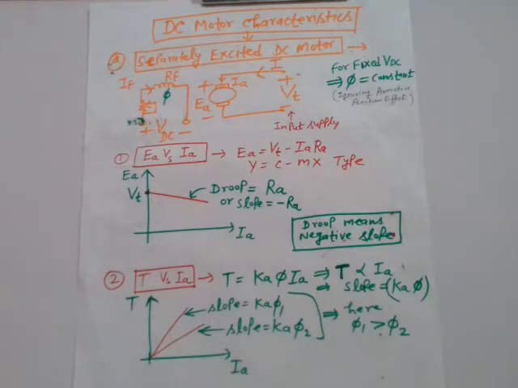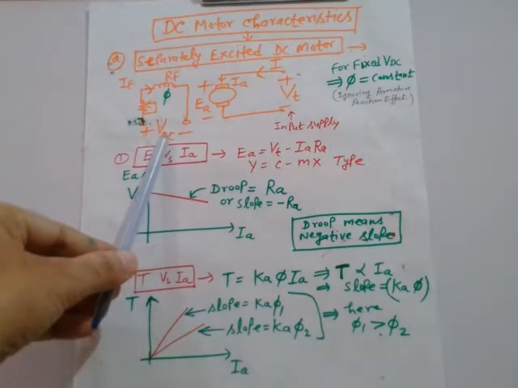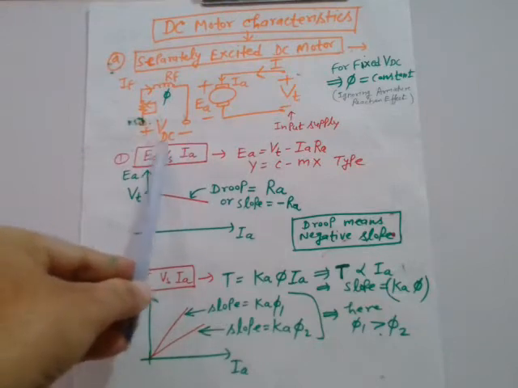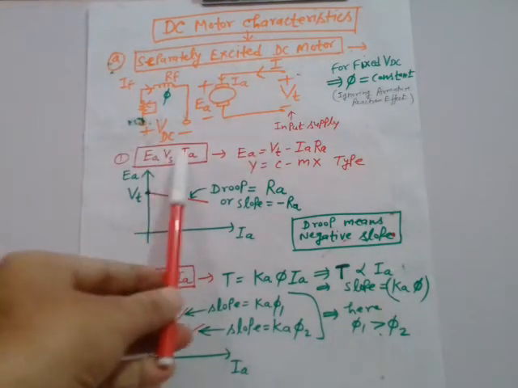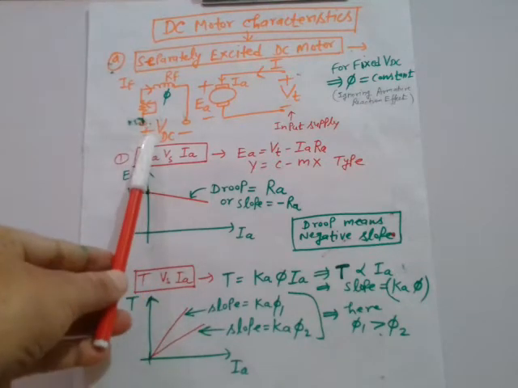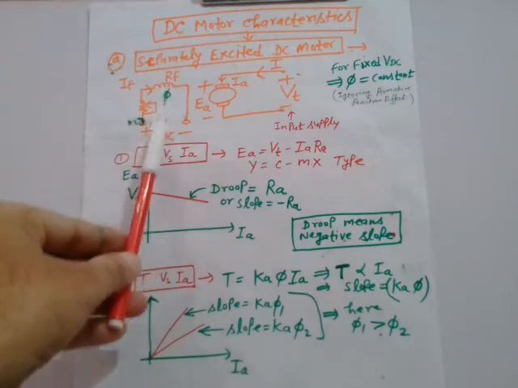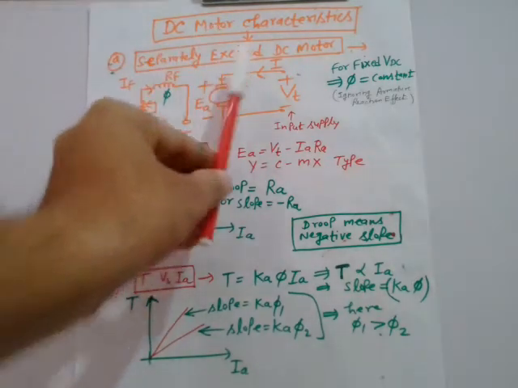So when you provide a separate DC excitation, that means you provide DC excitation externally by some DC voltage, right? Then you will get a flux, right? So here this is called separate excitation.